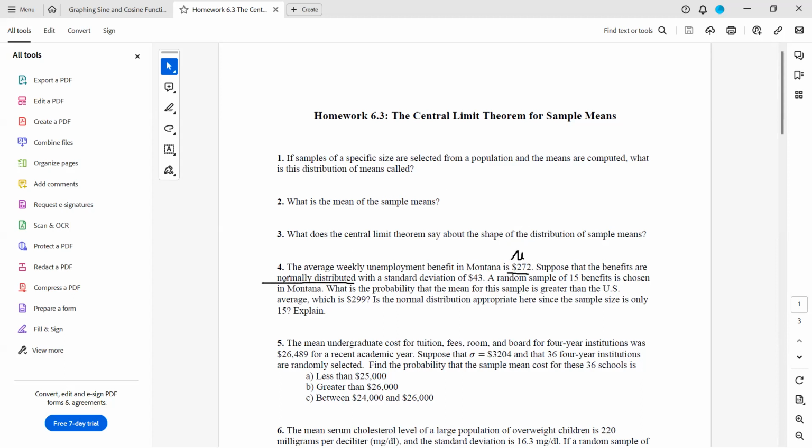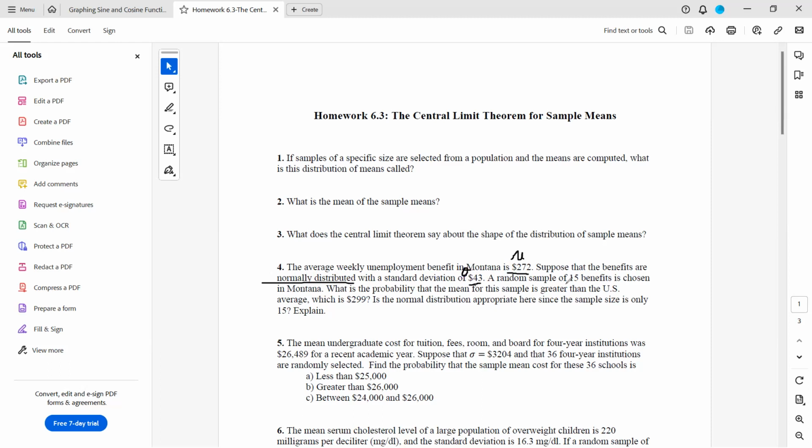This population is normally distributed with a standard deviation of 43. So that's why this applies in this case, because this standard deviation is known here, okay? Normally we would use a T distribution for this, but our population is normal and the standard deviation of that whole group is 43. So this sigma is known, it's 43.